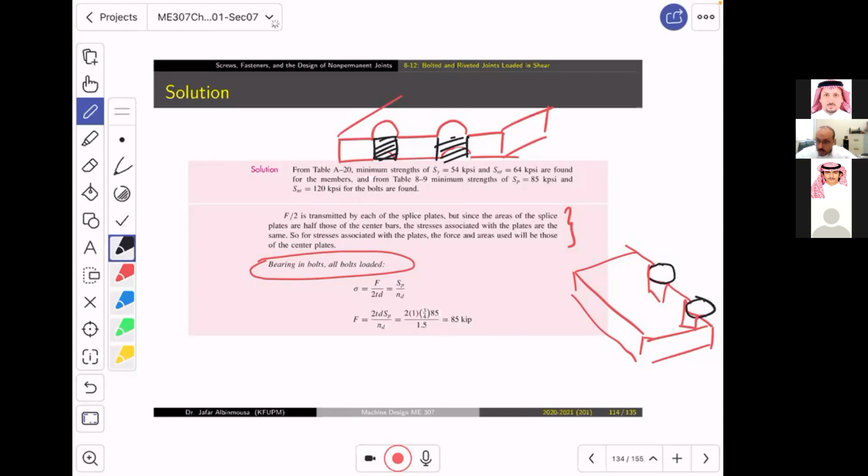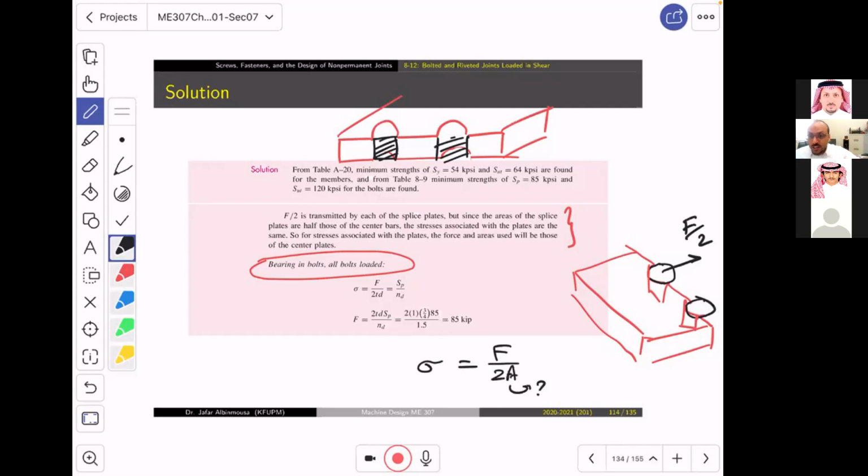So in general, guys, what is going to be the stress? First thing, we said that the force on each bolt is F over 2. So the stress is F over 2 over the area A. Now, the question is, what is this area?